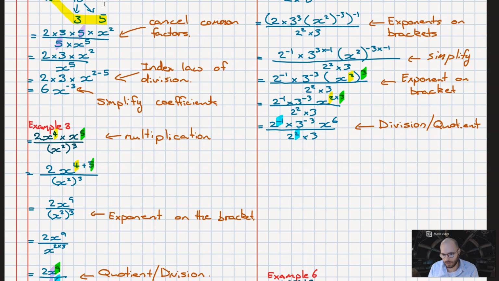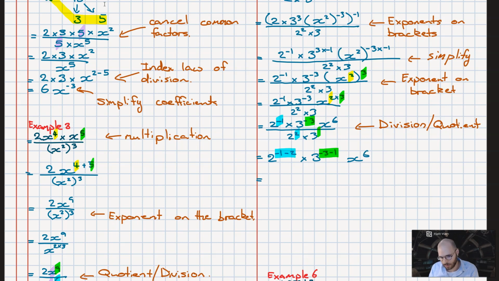Then a base of 3 with a minus 3 exponent, and an implied 1 down here. What we're going to use is our quotient rule. So we're going to go 2 to the minus 1 minus 2, times 3 to the minus 3 minus 1, and then the x is going to stay the same.